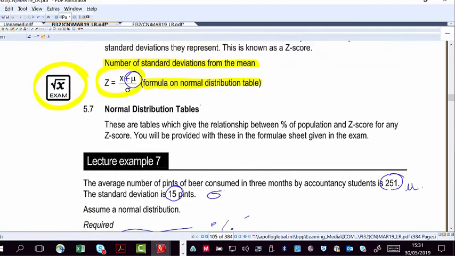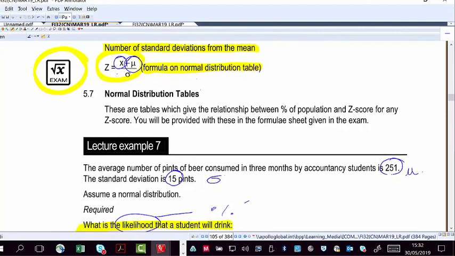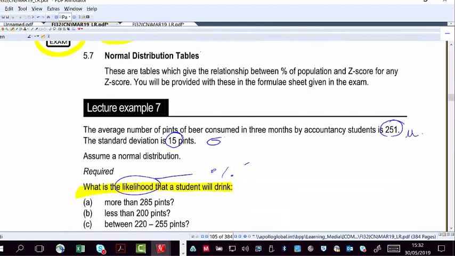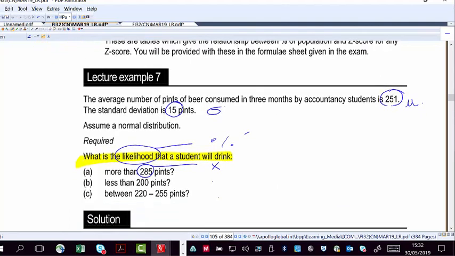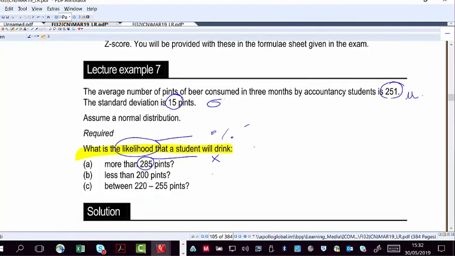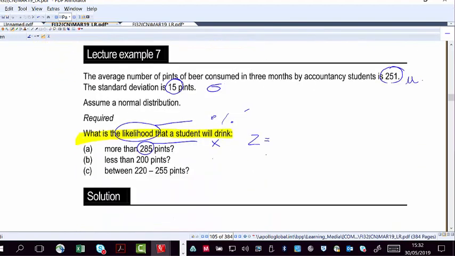Okay, and we're going to use the formula. So X in the formula becomes the data that we're assessing, or the number that we're looking at. So for example, in requirement A, 285 becomes X. Okay, so if we're looking to calculate the Z-score firstly, we can say that the Z-score is equal to, if we copy out the formula, X minus the mean divided by the standard deviation.